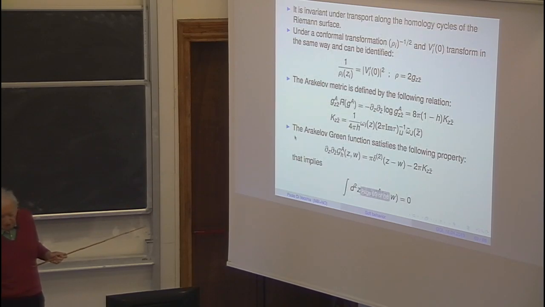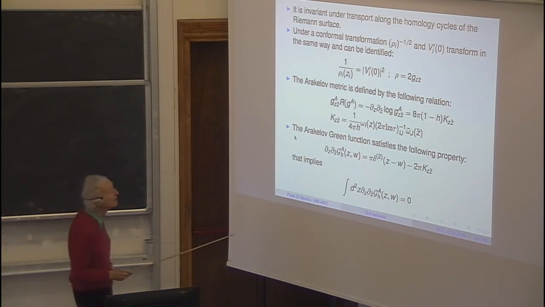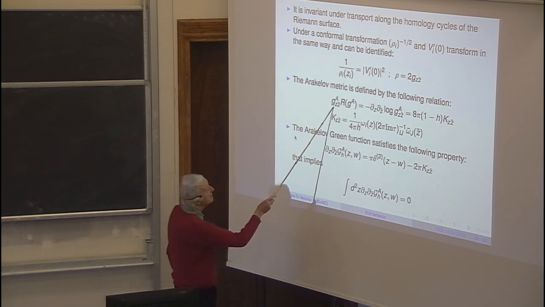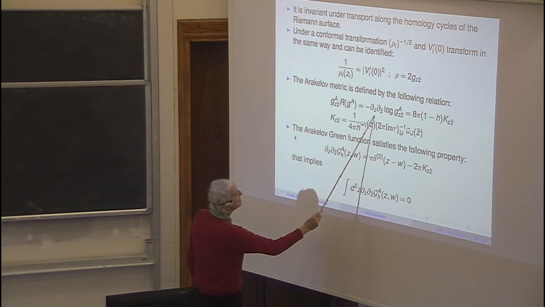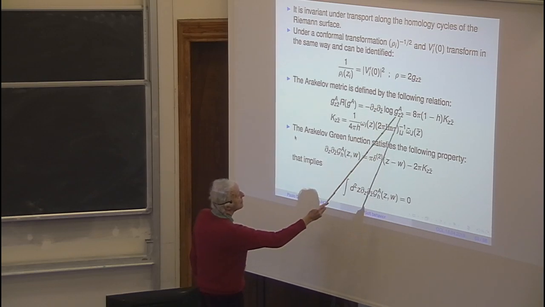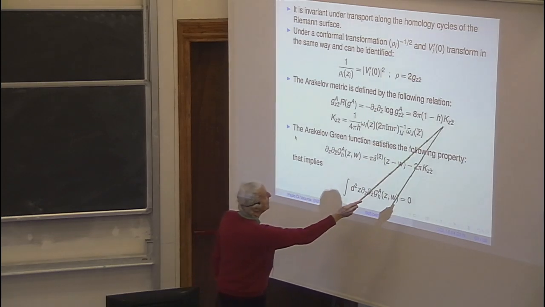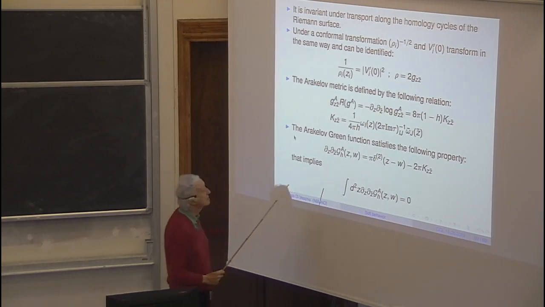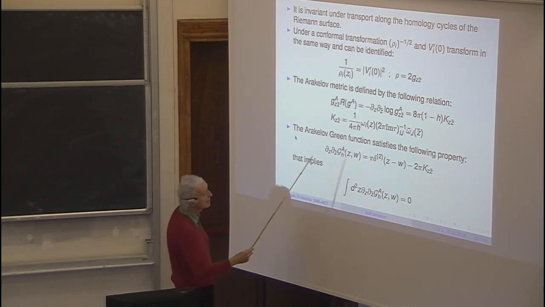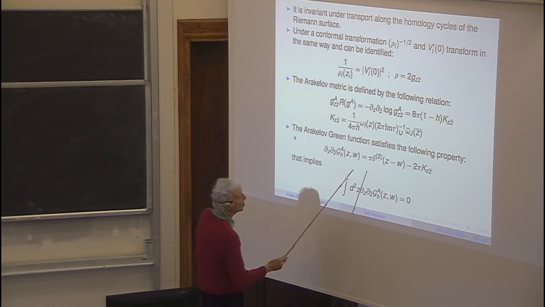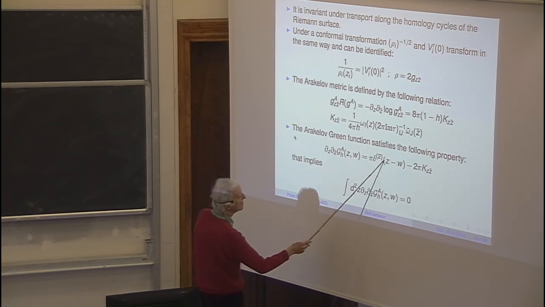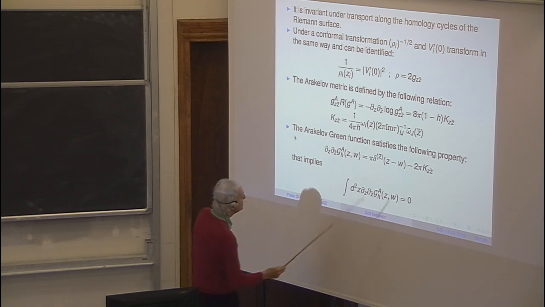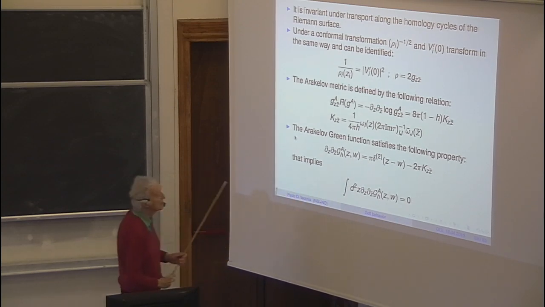In addition, you have to introduce the Arakelov metric, which is given by this relation. This object here, containing the metric, is identified with this one. And once I identify the Arakelov metric in this way, then you can define the Arakelov-Green's function, which satisfies this equation.